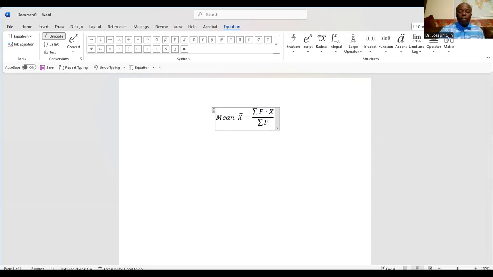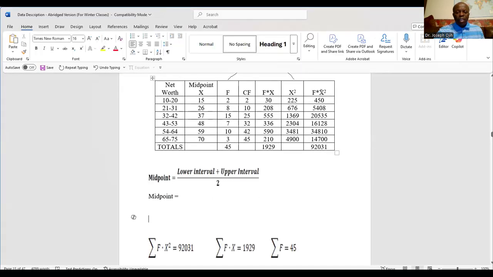Now you can see from the main workbook that the sum of f times x right here is 1929 and the sum of f is 45. So you can just put it right there and get our answer.